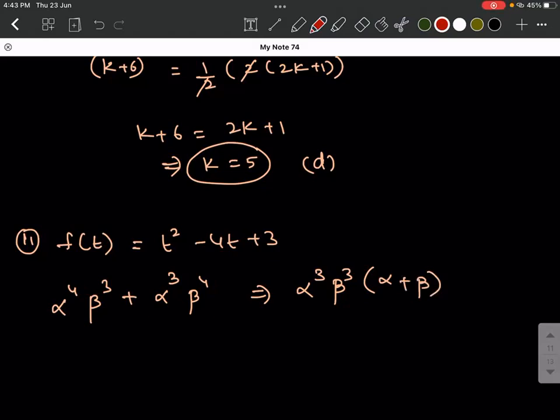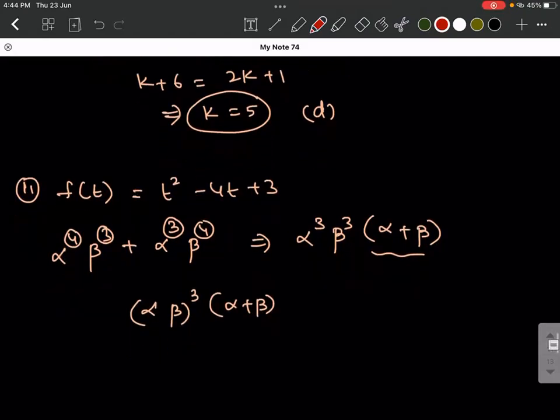So did you understand how I took that alpha cube and beta cube? Because in alpha power 4 and alpha cube, the least one is obviously alpha cube. Similarly, beta cube and beta power 4, the least one is beta cube. So I took them out. One alpha and one beta are left inside and they are summed. So alpha beta the whole cube into alpha plus beta. So what is alpha beta, guys? 3.